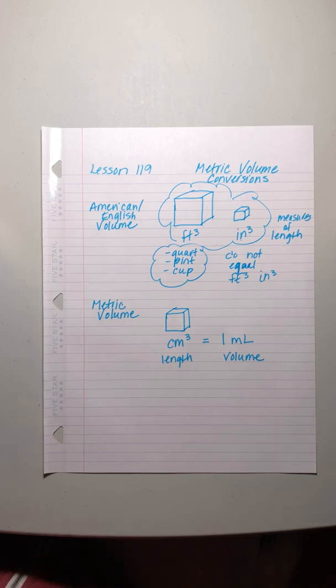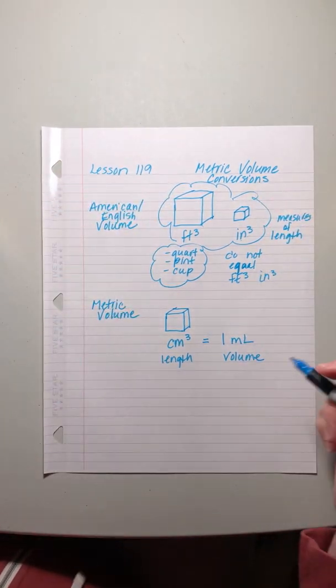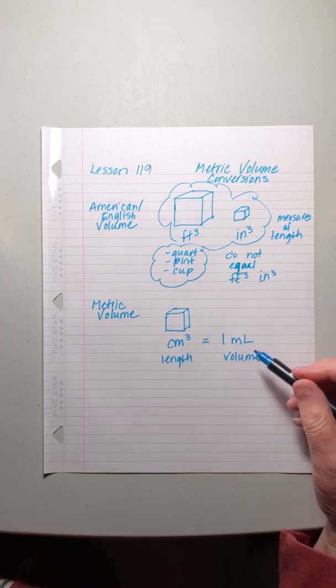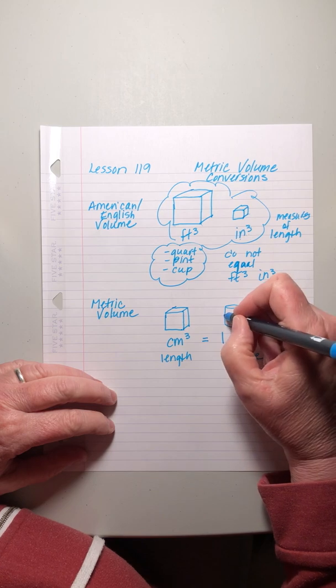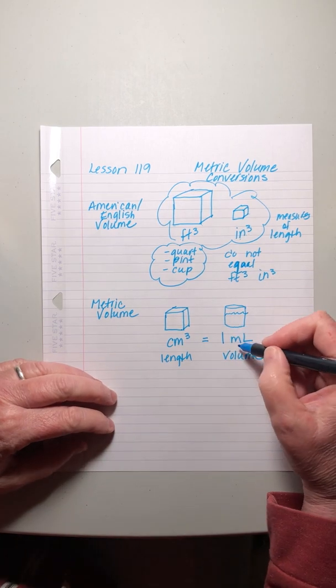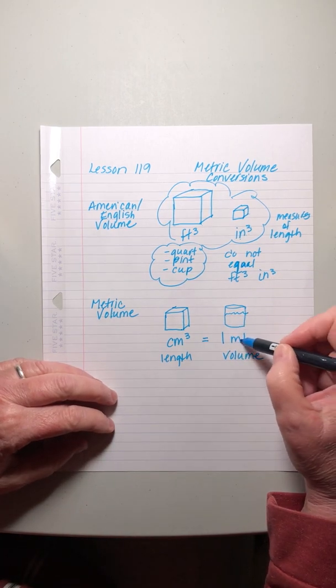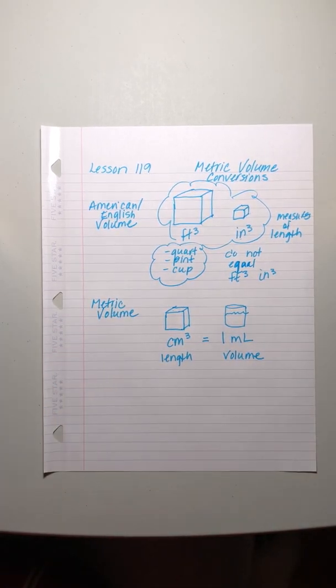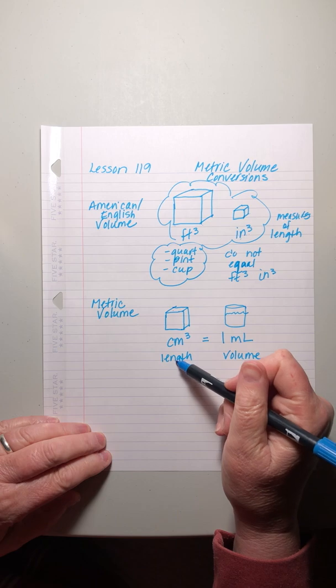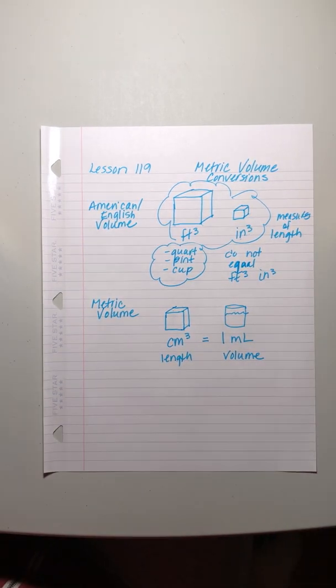So they figured out how to do, in metric land, what we can't do. They can take a, let's draw it as like a little beaker. This is 1 milliliter of water as measured by volume, and it fits perfectly into a cubic centimeter container. They matched up their cubic units of length with their volumes so that there's a sync between them.